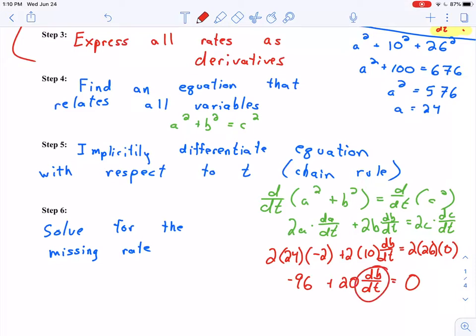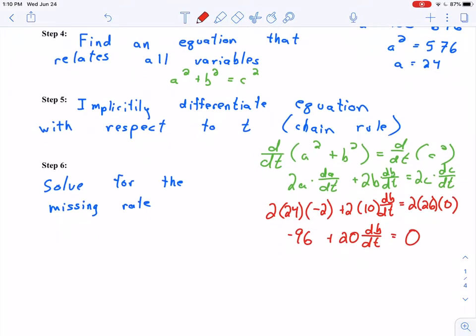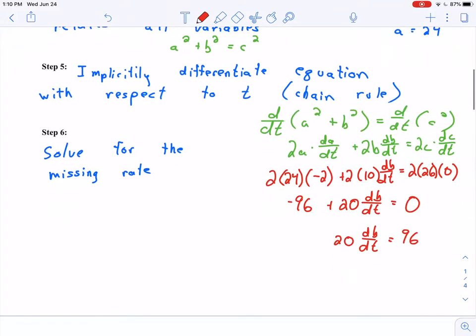I'm just treating it like I would a variable here. I'm going to add 96 over, so 20 dB over dt equals 96, which means that dB over dt equals 96 over 20, which, if we wanted a decimal approximation, I believe 4.8. Yes, 4.8.